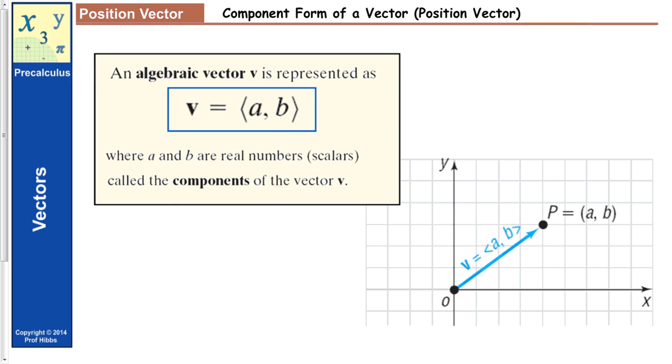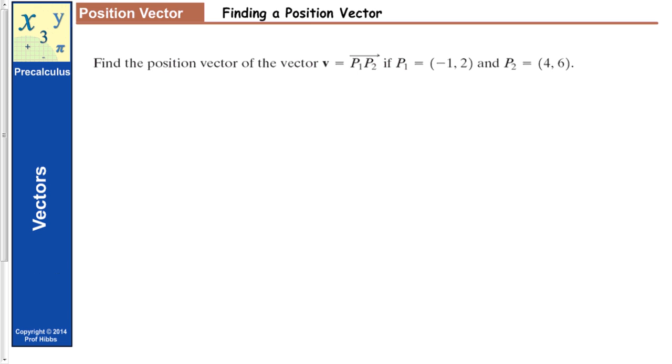Well, what we want to do next is determine the component form of this position vector, or the component form of a vector. So it says find the position vector of the vector v represented by the directed line segment from point 1 to point 2. Point 1 has the coordinates (-1, 2), and point 2 has the coordinates (4, 6).